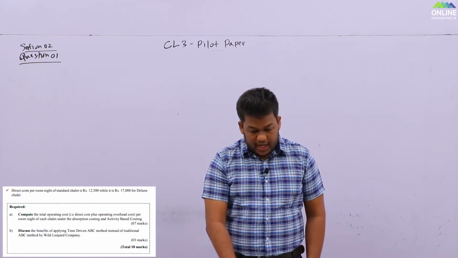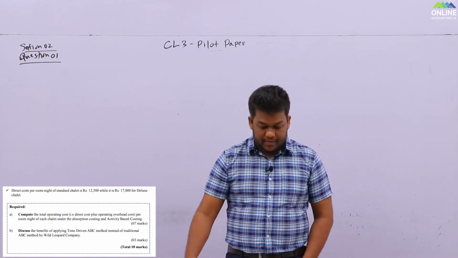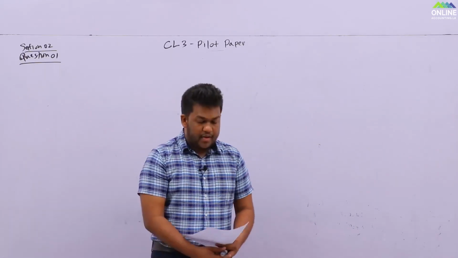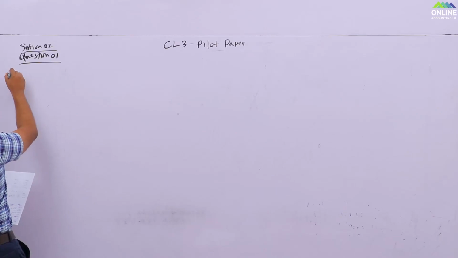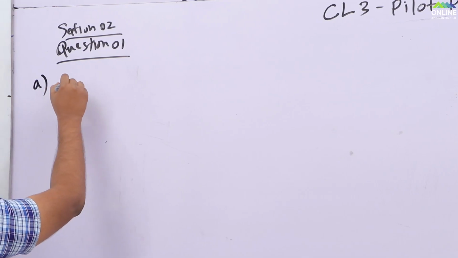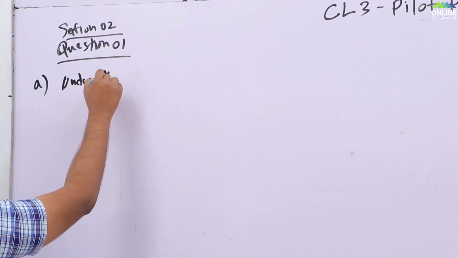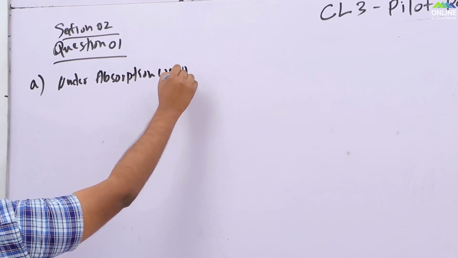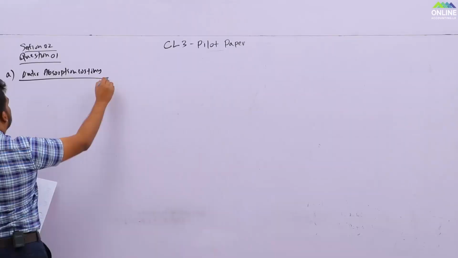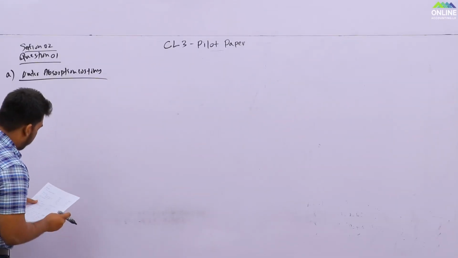So you have to first calculate with absorption costing, then with ABC. This is the first one, A, under absorption costing. How to calculate?